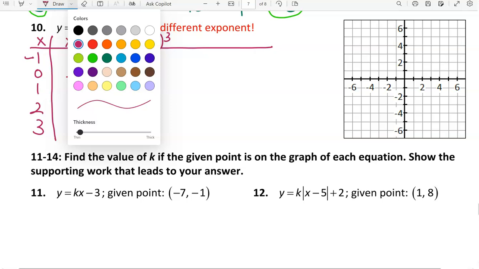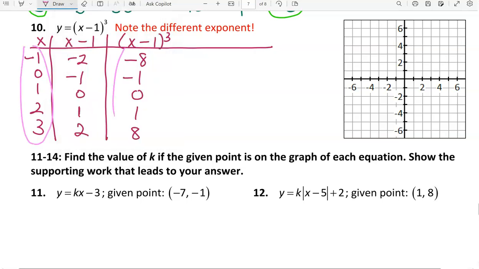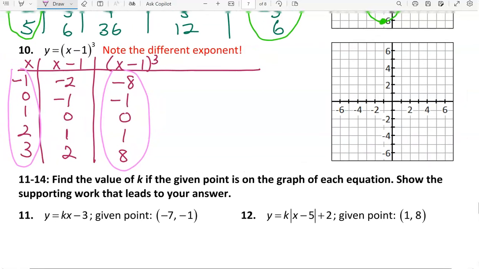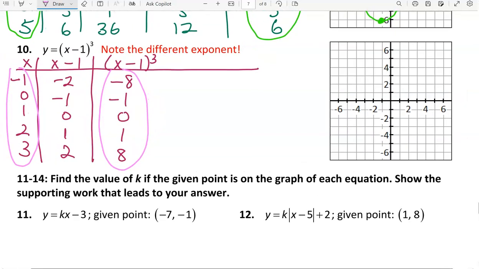And now we have our x, comma, y pairs. So I'm going to graph those. -1, -8. Well, I don't have too many points to graph here, but I certainly could locate this one. It's just a little bit above our grid. Just for accuracy of the graph, I'd like to kind of eyeball where that is.